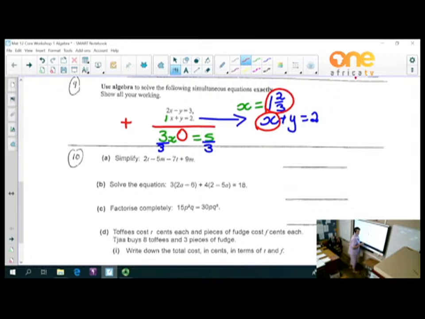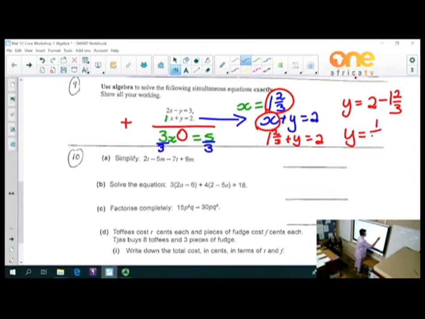So 1 2/3 plus y is equal to 2. And now we're going to say y is equal to 2 minus 1 2/3, because when I take it over, I change the sign, and that means y is equal to 1/3. Y is equal to 1/3. So there is the answer for x, and there is the answer for y.